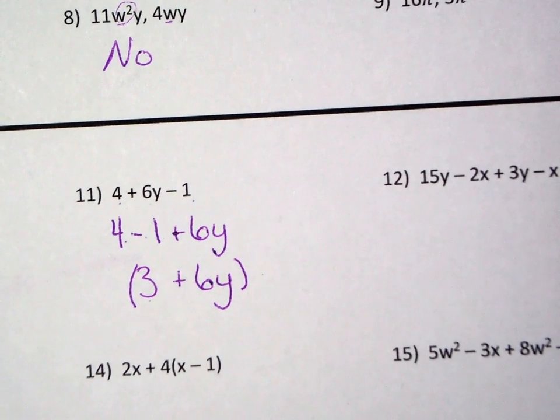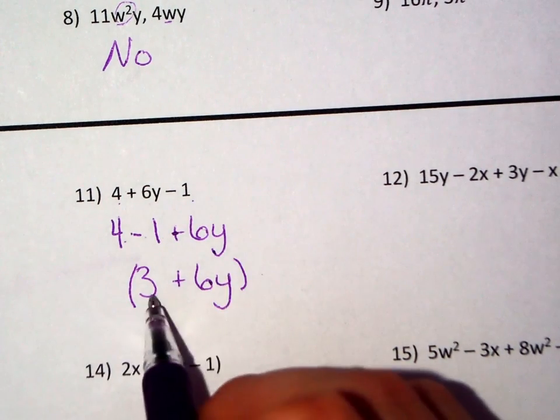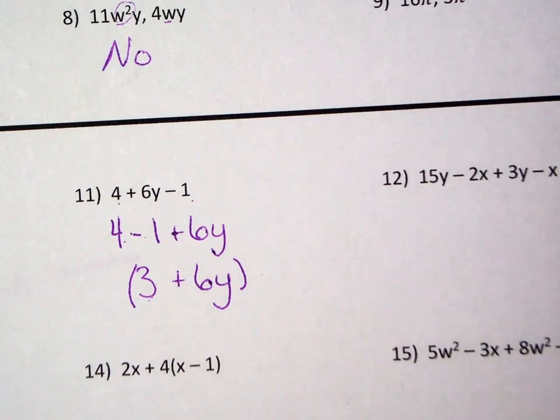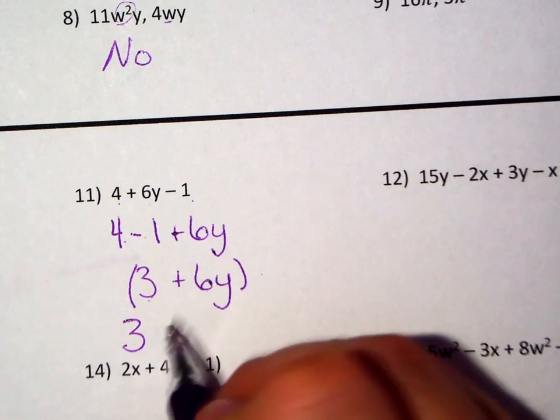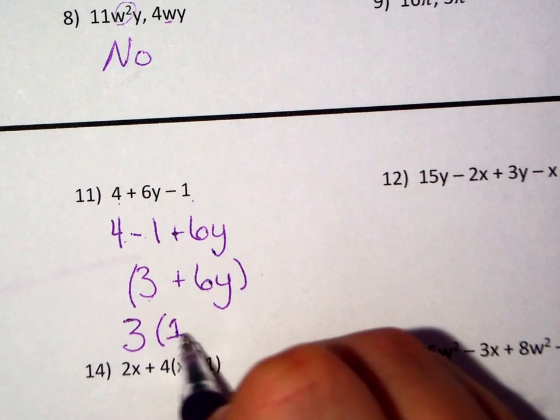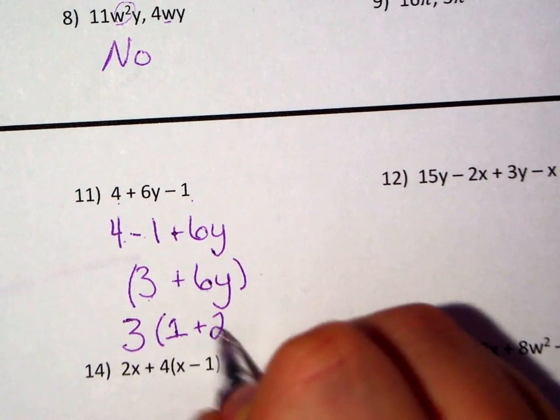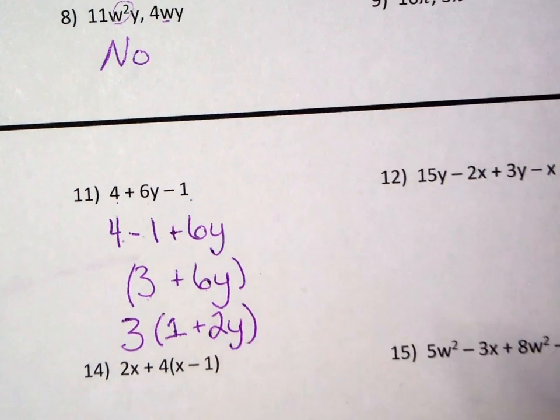The GCF would have to be at least 3 or less, and since 3 is my greatest common factor, 3 would go into 3, and 3 would also go into 6, so I could pull out a 3, and that would leave me with 1 plus 6 divided by 3 is 2, so 2y. And now we've gotten that problem as simple as it can possibly go.